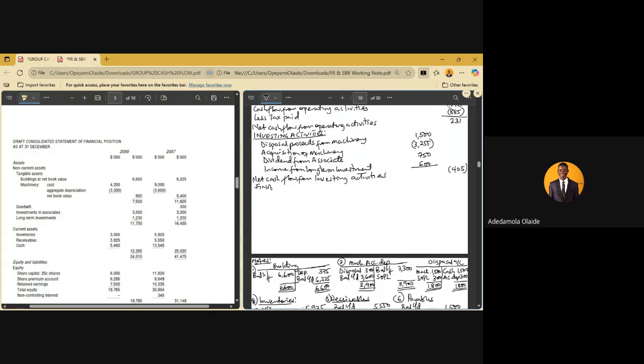Financing activities. We have equity. Share capital also increased from 6 million to 11 million.